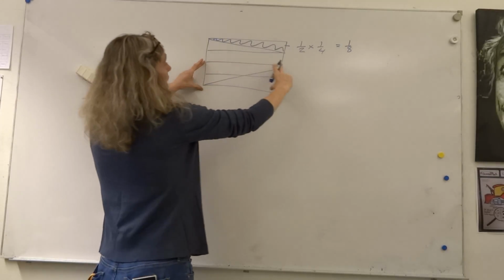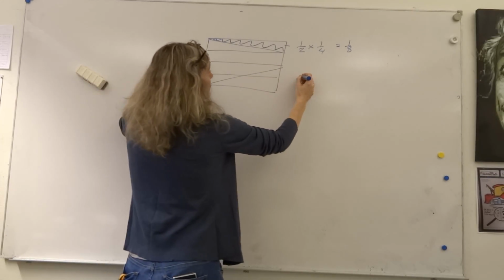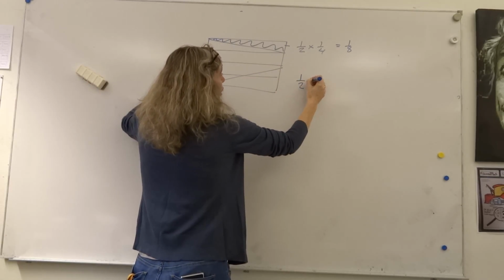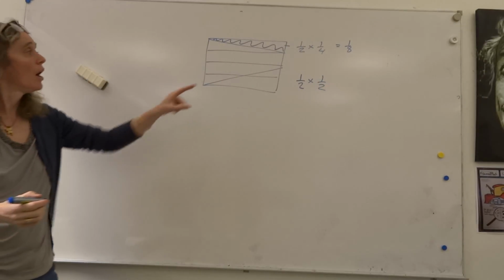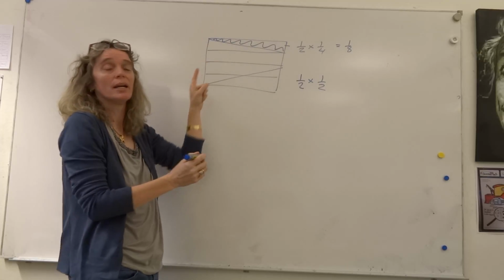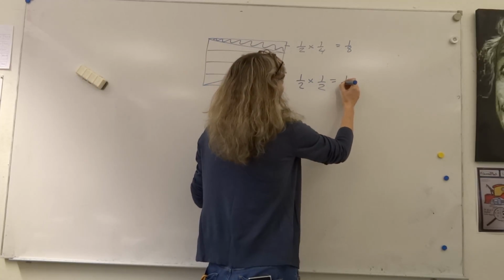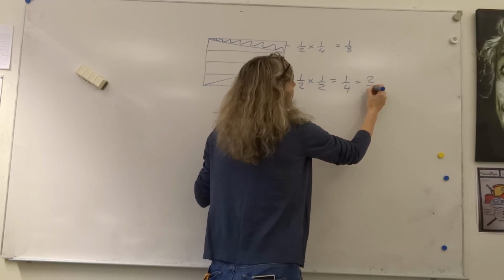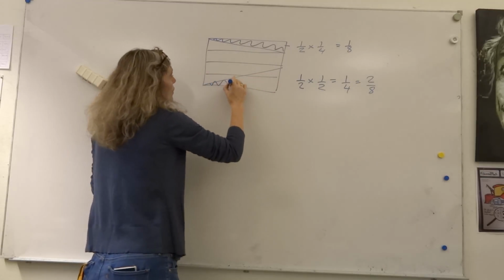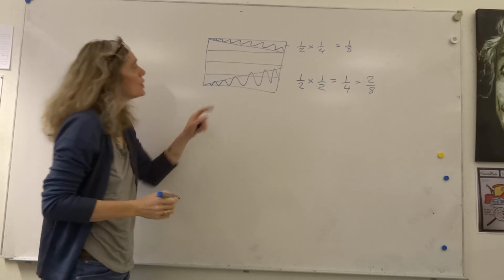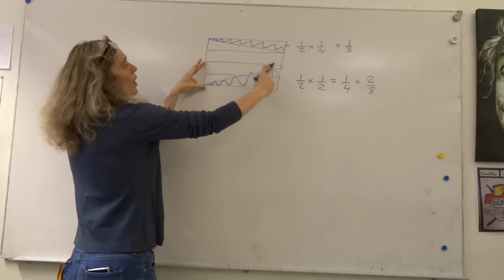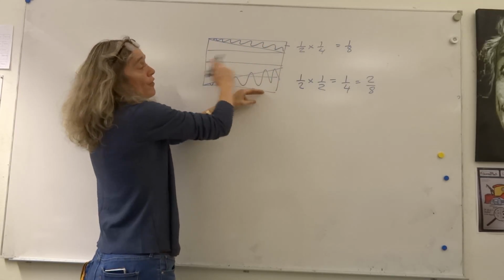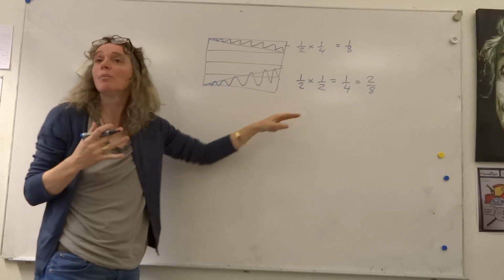Whereas if we look at this section here, we have half of a half, which is shaded. Half of the figure is shaded, which is a quarter, which is the same as 2/8. So in this one we were shading half of a quarter, whereas in this one we were actually shading half of the figure.